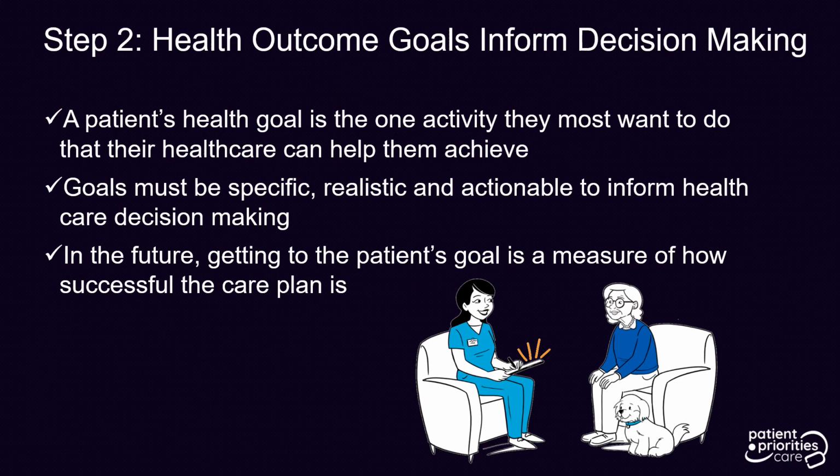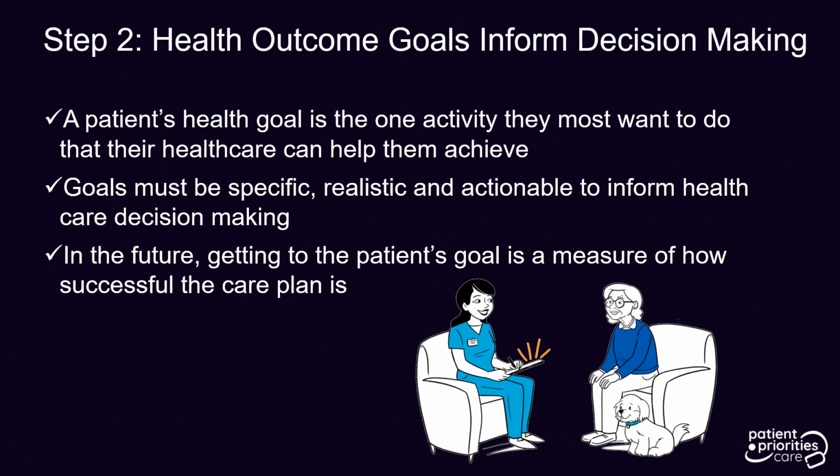In summary, a patient's health goal is an activity they most want to do that their healthcare can help them achieve. Identifying a specific and meaningful goal allows the clinician to decide on healthcare that aligns with the patient's goals.